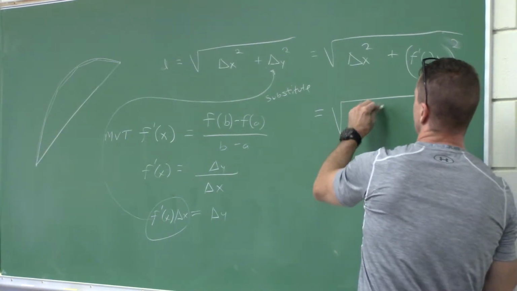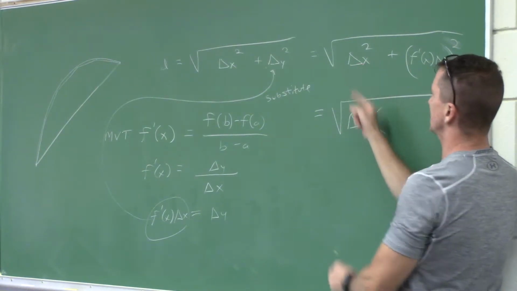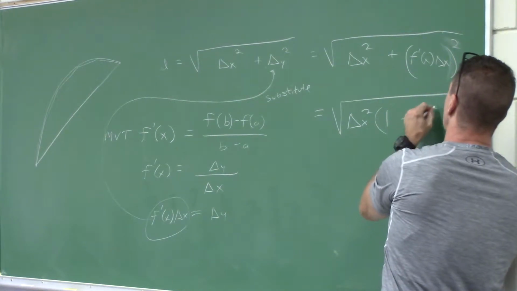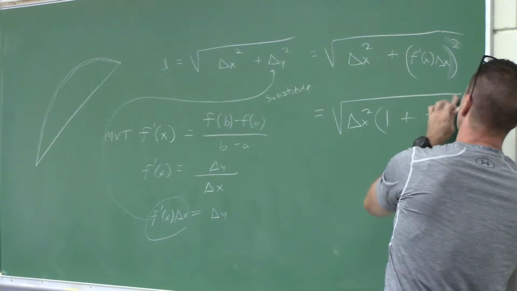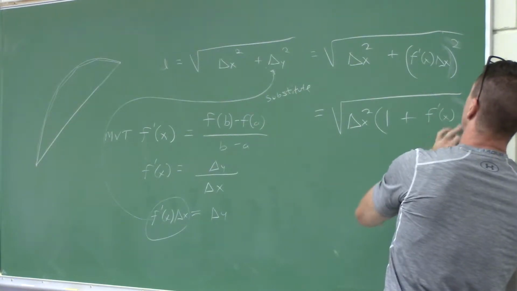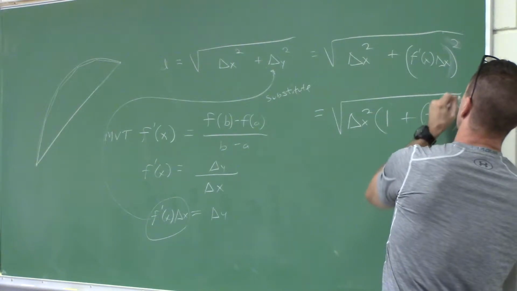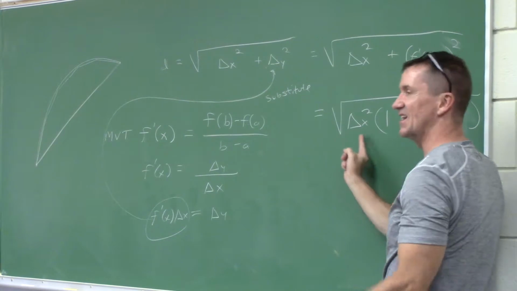Delta x squared, what would be left in the parentheses? That would just be a 1. And then you'd still have this f prime of x all squared. I want to make sure the whole thing gets squared, so I'll put a big parenthesis around it. And can't I take that outside the radical? What's the square root of delta x squared?